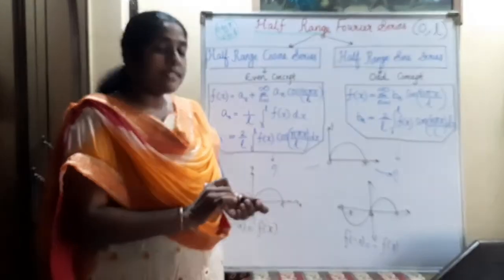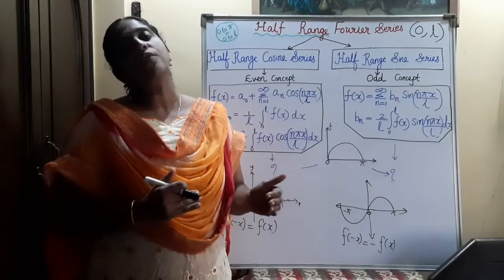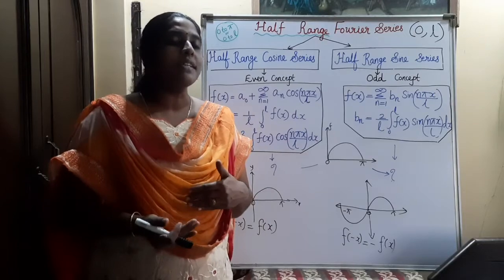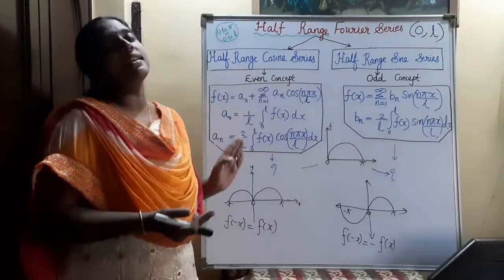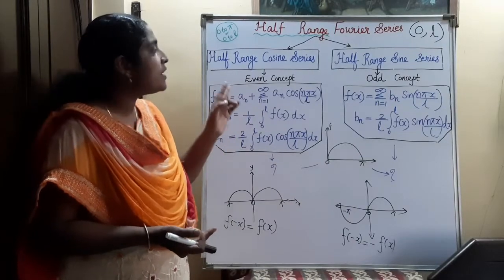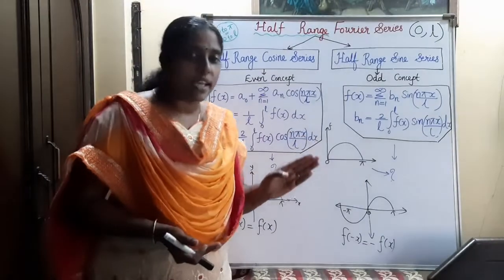Then the concept of extending a given half range into the full range gives two types of series, half range cosine series and half range sine series. The half range cosine series behaves like an even function, and the half range sine series behaves like an odd function.